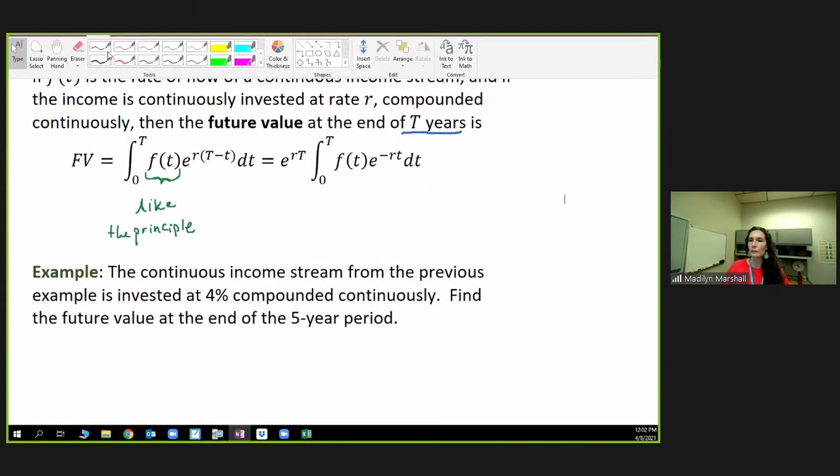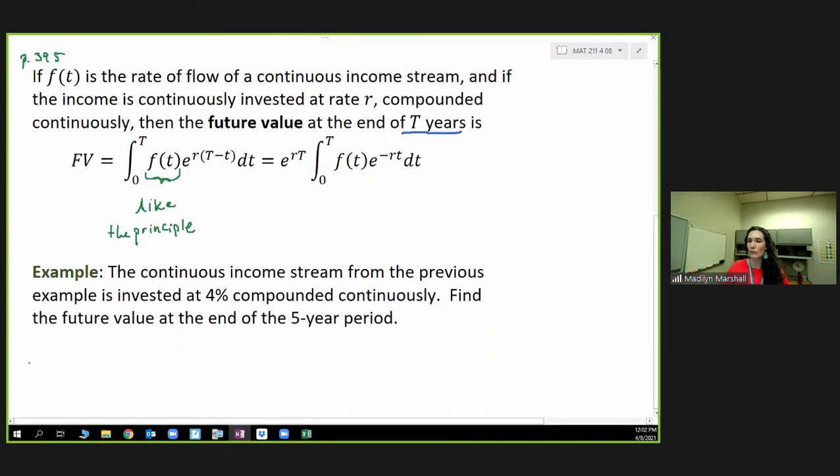The continuous income stream from the previous example is invested at 4% compounded continuously. Find the future value at the end of the 5-year period.